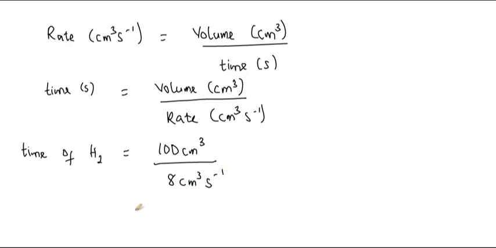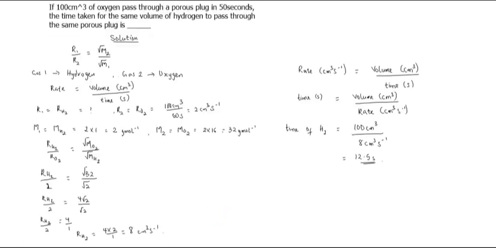This gives us 12.5 seconds. So with the calculation we just did, we can see that the time taken for the same volume of hydrogen to pass through the same porous plug is 12.5 seconds, and that will be the final answer.